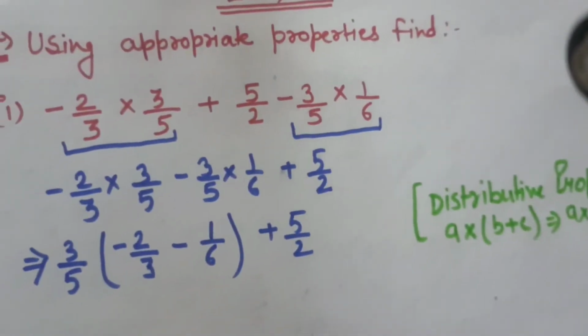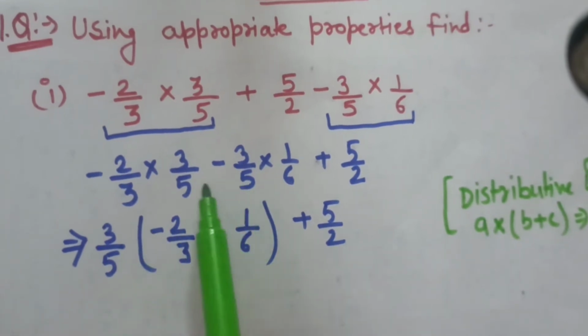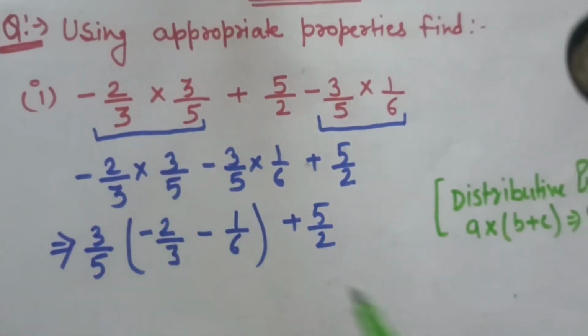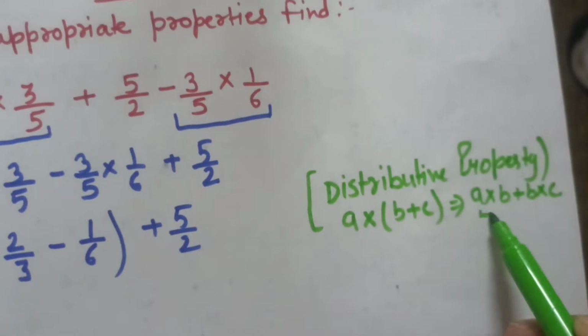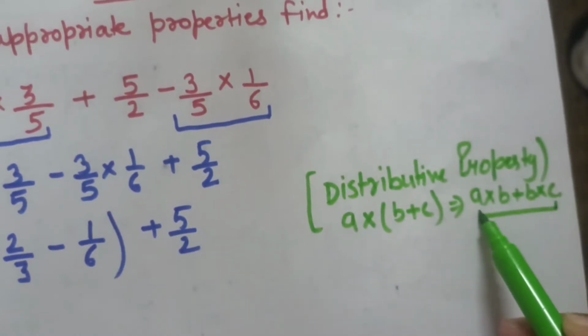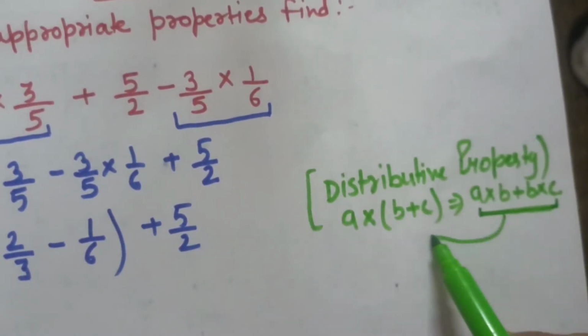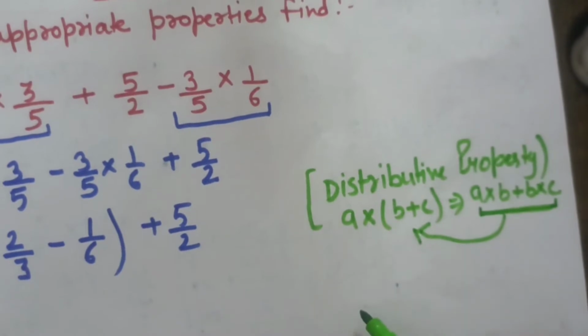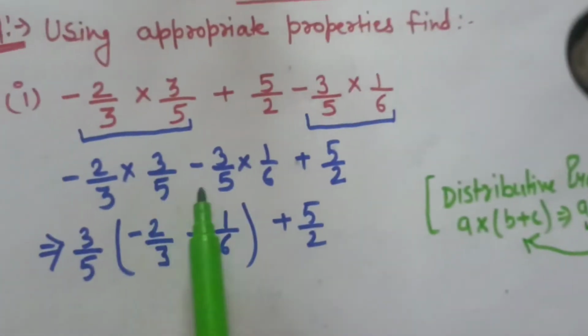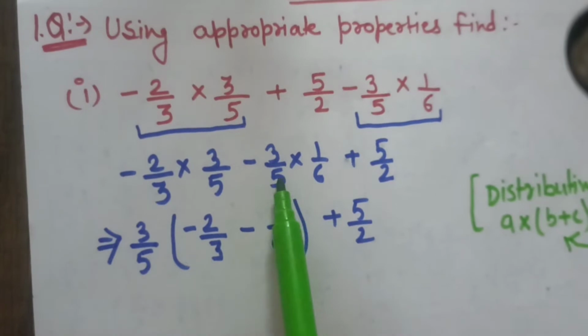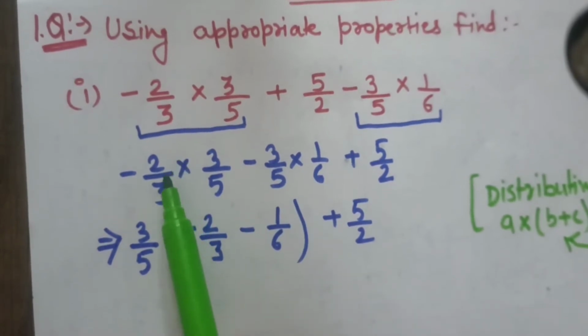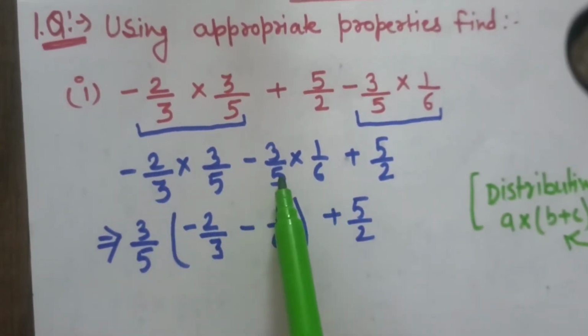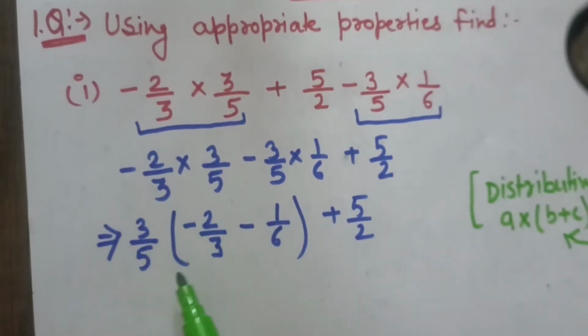So here as well, with 3 by 5 and 3 by 5, it is the reverse of that. The given statement is like this, and we have changed it to this. So 3 by 5 and 3 by 5 are both multiplying with 2 by 3 and 1 by 6, so we have taken 3 by 5 as common.